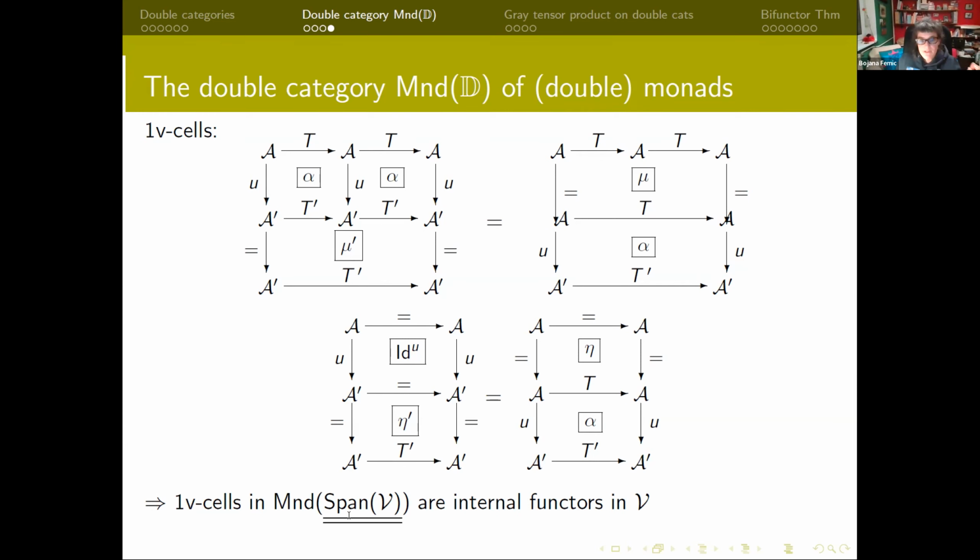The span on the previous slide was a bicategory, but Fiore, Gambino, and Kock turned it into a double category. And in the other example, one-cells in the double category of monads in this double category of matrices are indeed V-enriched functors. Again, on the previous slide we spoke about the bicategory of matrices, but we have enlarged it into a double category, and this works nicely.